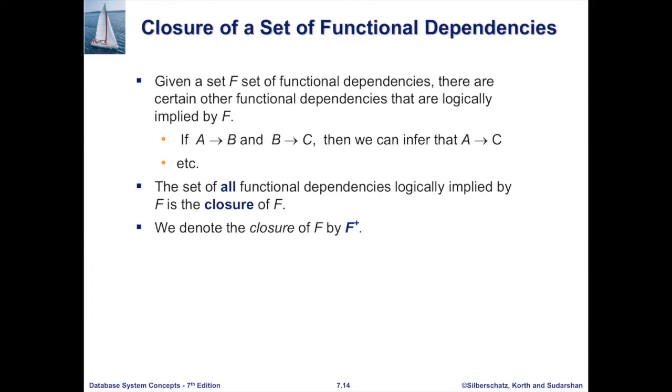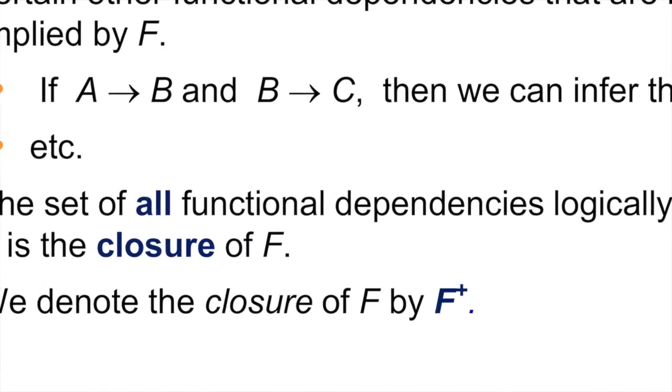And then there are properties of this particular relationship. The first property that we will see in the later slides is that it obeys transitivity. So if it obeys transitivity, then we can have a logical implication.